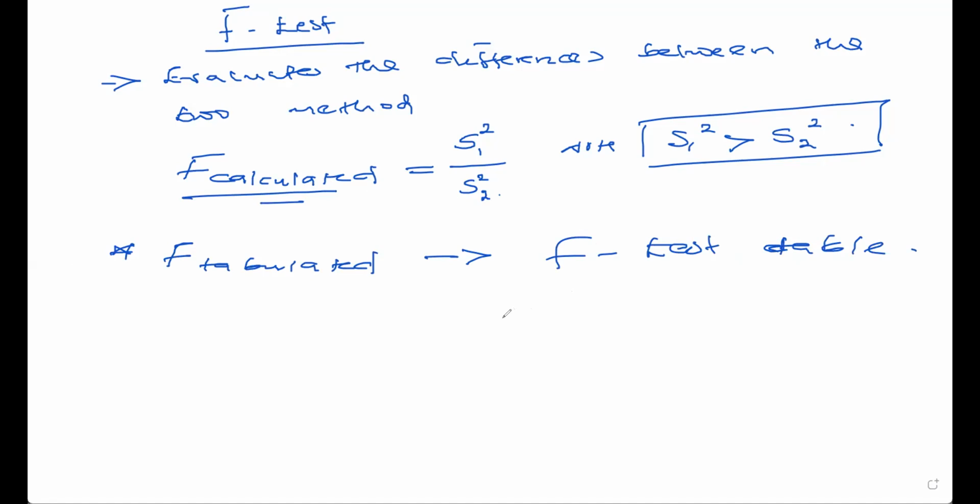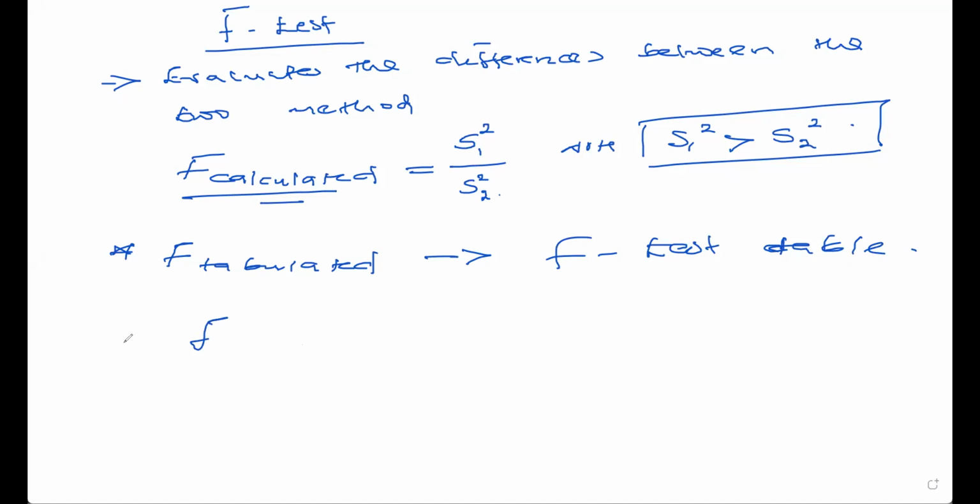I'll show you how. So how do you check if there is a difference in the two methods? If F calculated is greater than F tabulated, meaning there is a significant difference between the two methods.